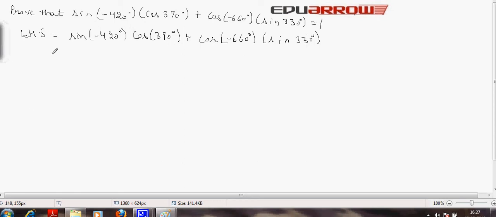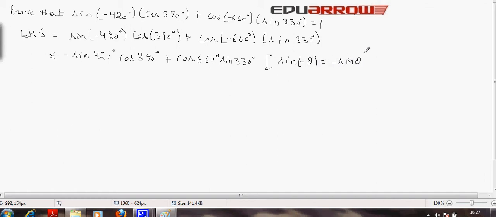This will be equal to, first step, minus sine 420 degree cos 390 degree plus cos 660 degree sine 330 degree, because as we know that sine of minus theta is equal to minus sine theta.